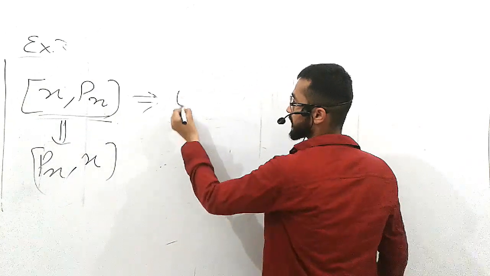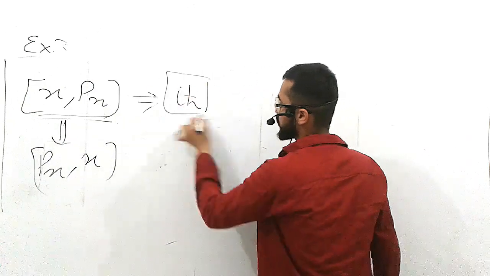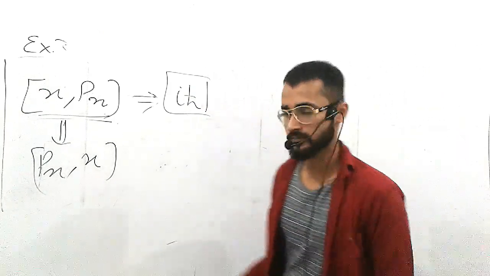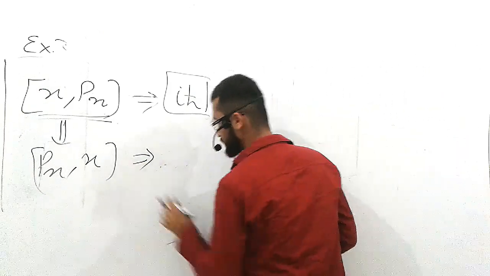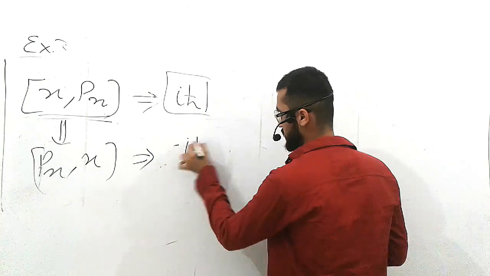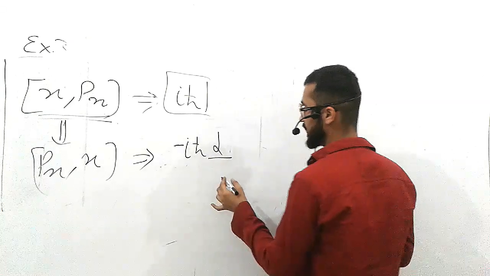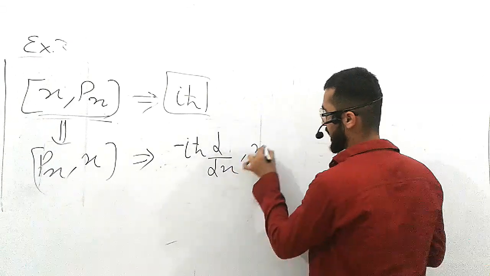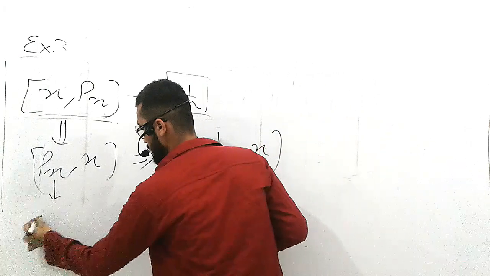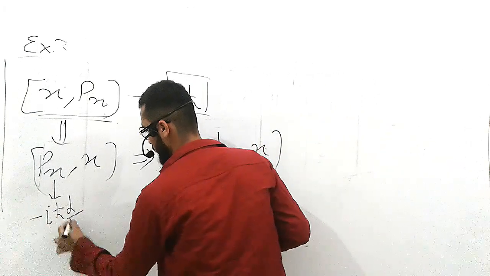So I know that the answer of this operation is iota h cross. And what will be the answer of this? We'll derive it: iota h cross minus iota h cross d by dx and x. As we know, px is written as minus iota h cross d by dx.